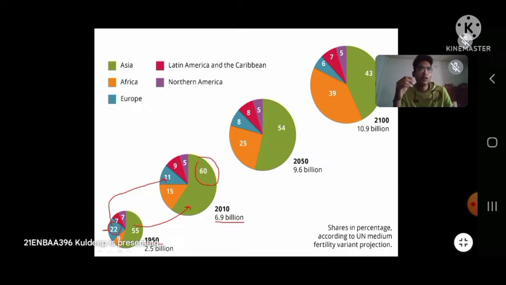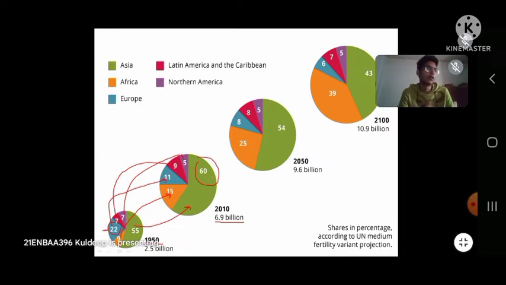Africa has also seen a rise in its population share. Around 15% of the 6.9 billion lived in Africa in 2010. North America also saw a decrease, and Latin America and the Caribbean countries show an increase of about 2% in population share.